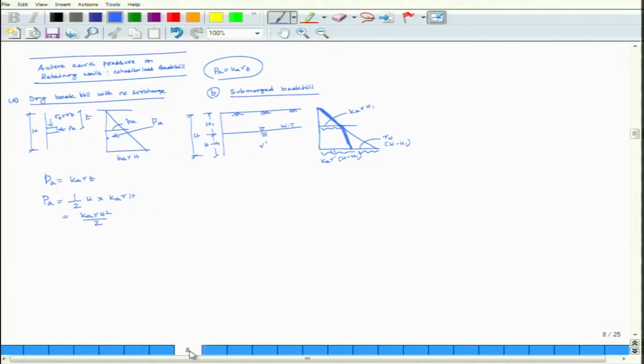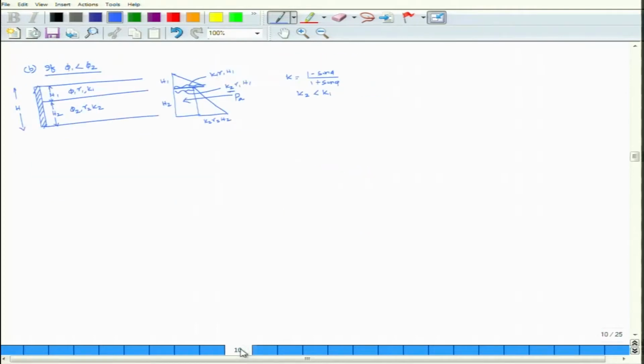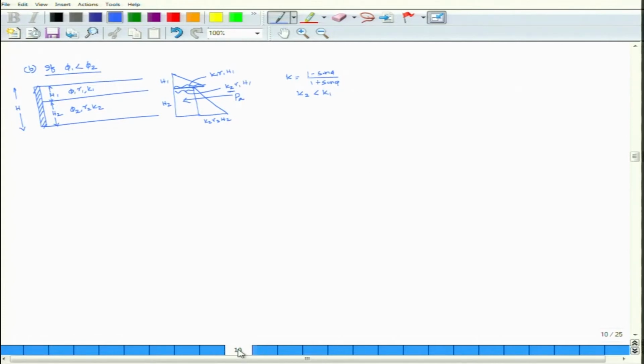Then active earth pressure on retaining wall for cohesionless backfill. 4 conditions I have discussed: dry backfill with no surcharge, then submerged backfill, then effect of surcharge, then effect of stratified soil in the backfill, phi 1 gamma 1 and phi 2 gamma 2. Then in case 1 of stratified soil phi 1 is greater than phi 2, second case phi 1 is less than phi 2.